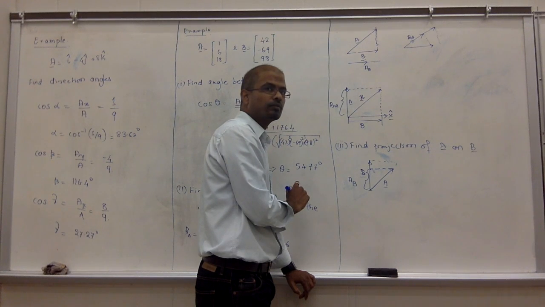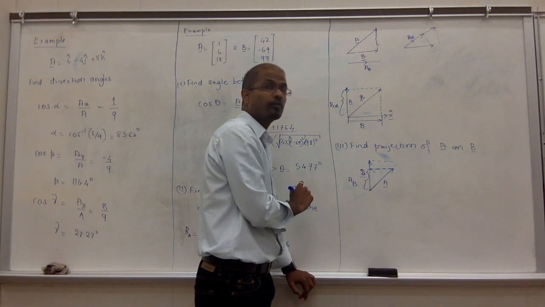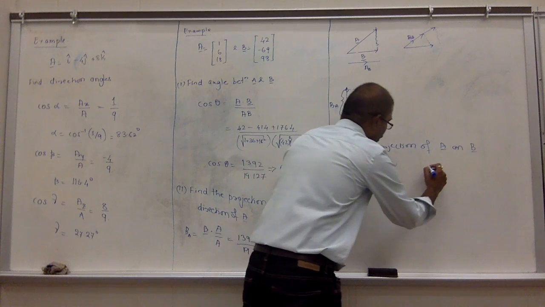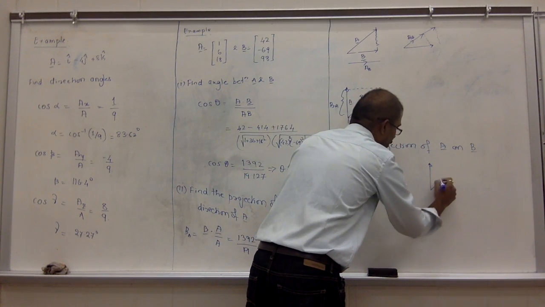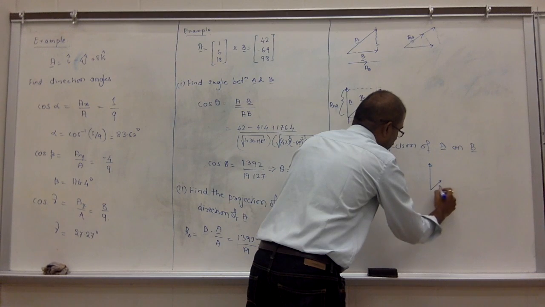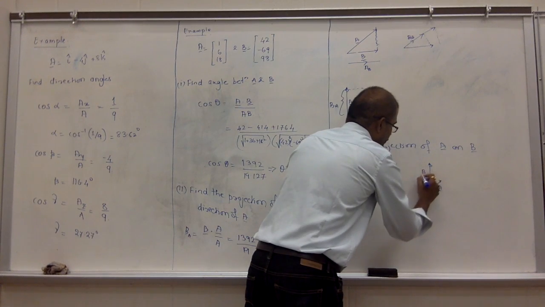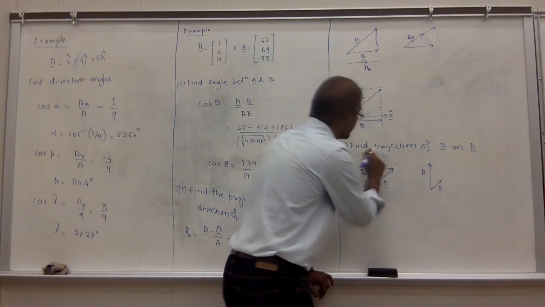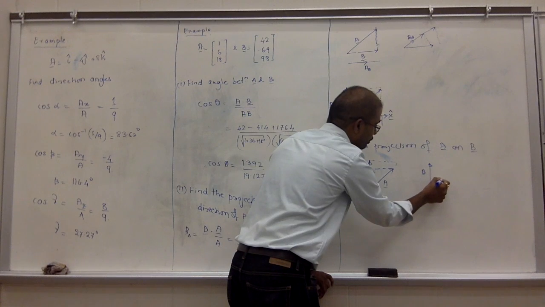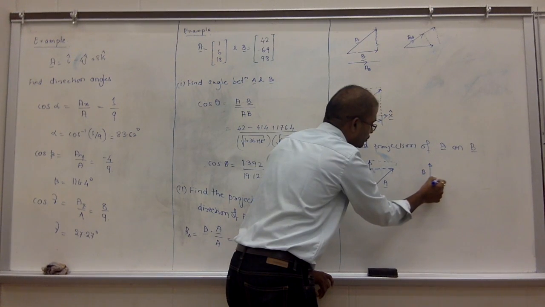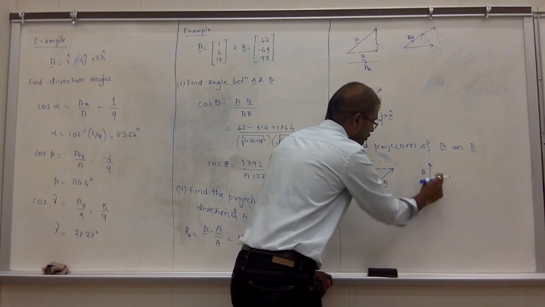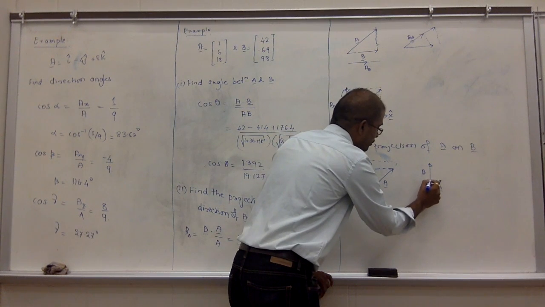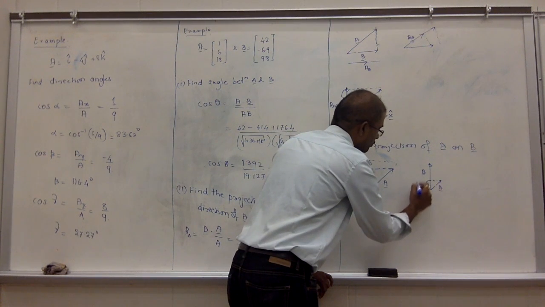Can you point to the actual projection? We have B, we have A, right? The projection of A on B is, you draw perpendicular to B, and this component is AB.